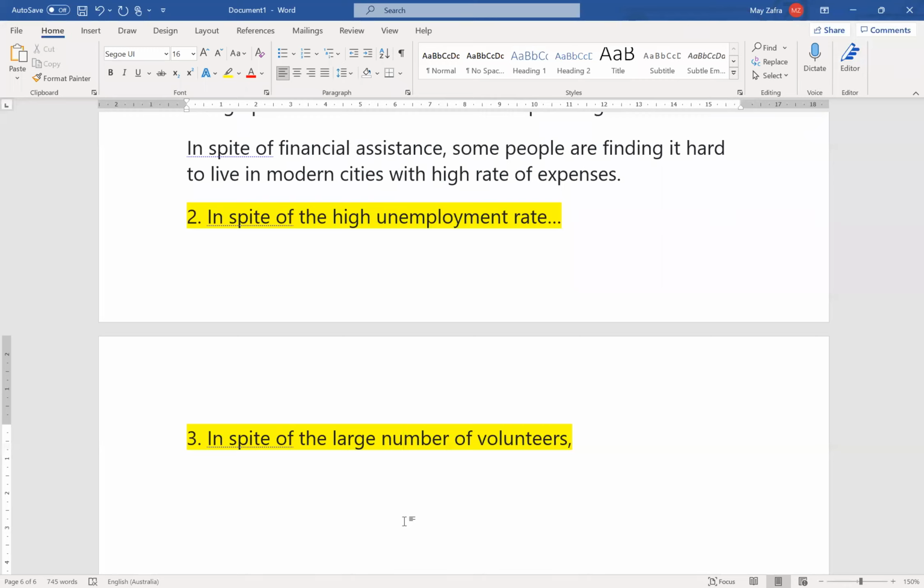Sorry, Miss May. I have a question for the second sentence because I don't understand the meaning. High unemployment rate. Yeah. It means that the percentage of people who don't have a job is very high.